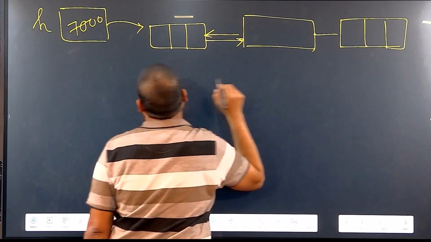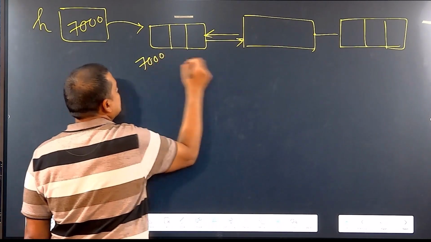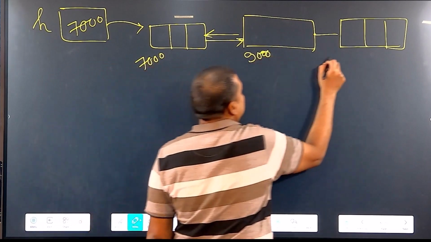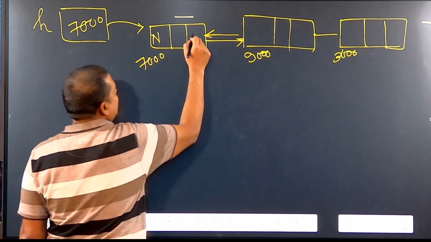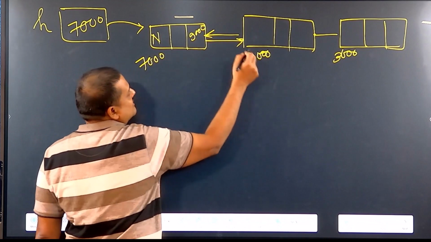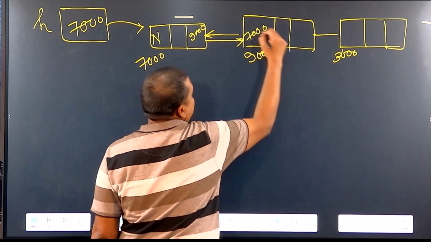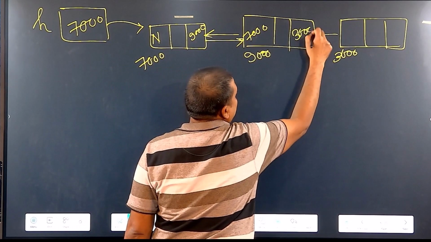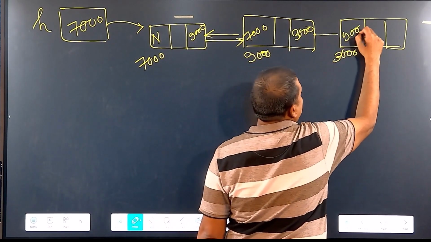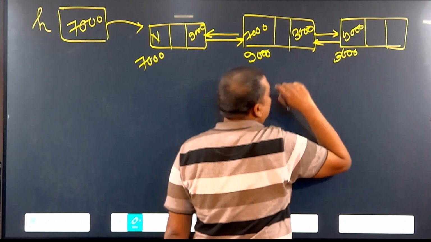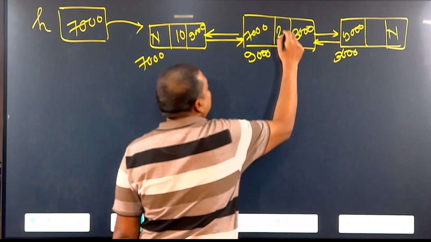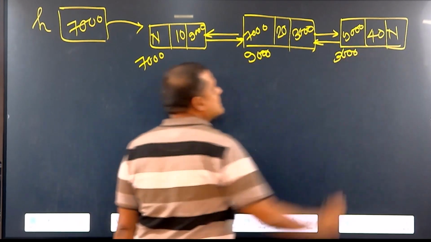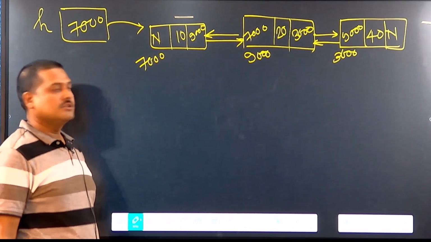So, say for example, this is 7000, this is 9000, this is 3000. This is null, this is 9000, this is 7000, this is 3000, this is 9000. So, both of them are linking, this is 9000, and some values like 10, 20, 40, these are some random values, they are stored.